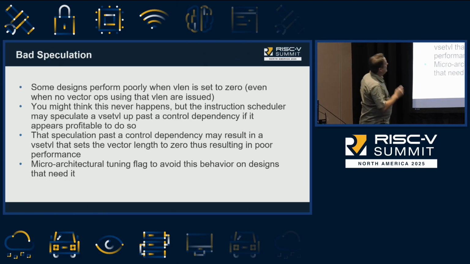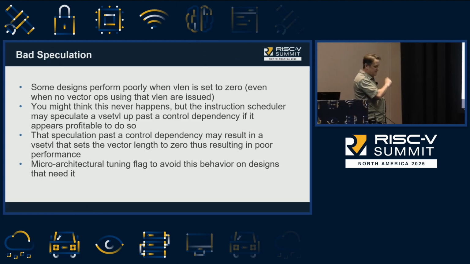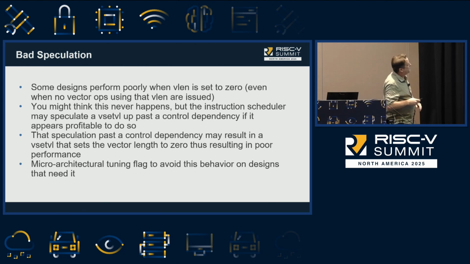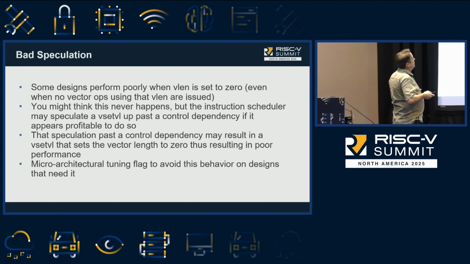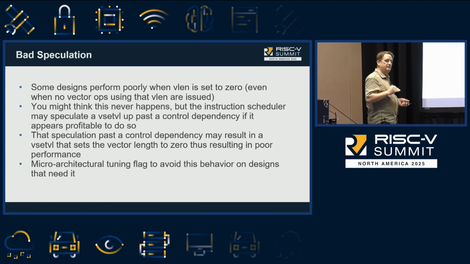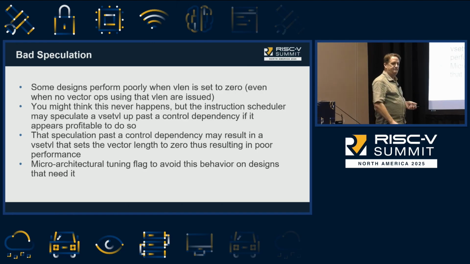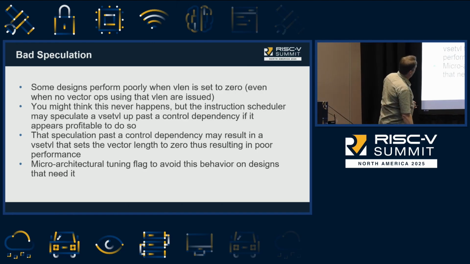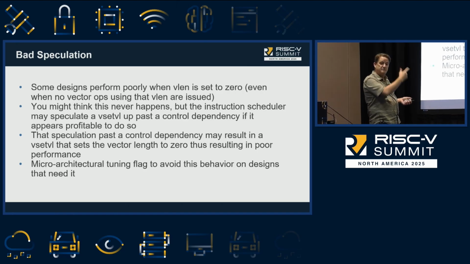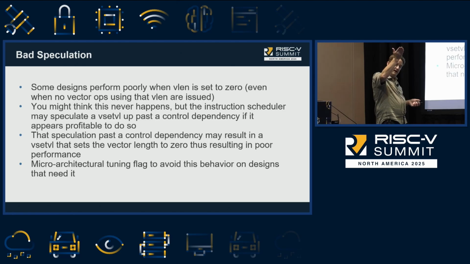The other one, and I don't have a design that has this particular quirk, but I'm aware of at least 2 designs where when you set VL to 0, performance falls off a cliff. So how can that happen? Well, one is the case I just showed you, where we speculated vsetvl out of cold code into hot code, which could potentially set VL to 0.